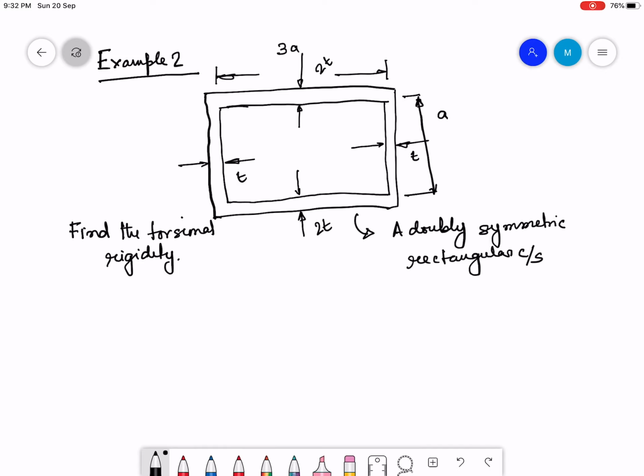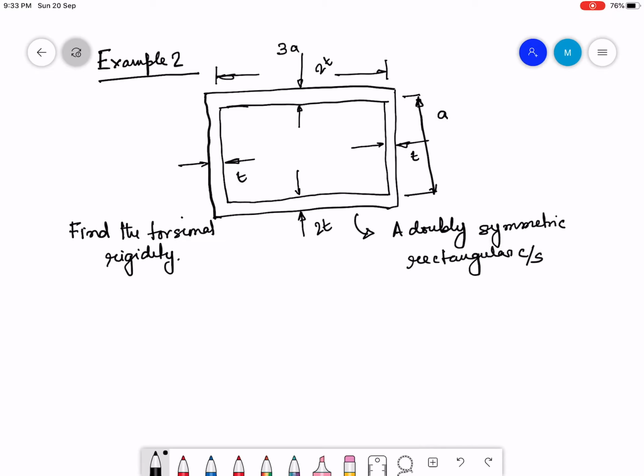Okay, so pardon my drawing, I'm really bad with drawing and more so with this stylus. Anyway, this is a doubly symmetric rectangular cross section. The two edges, the two arms, are of thickness t, while the other two are of thickness 2t.